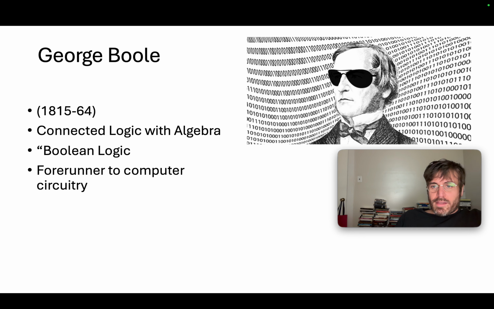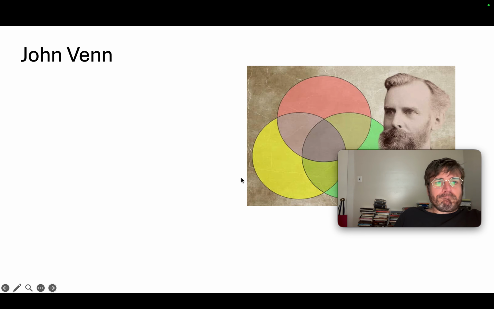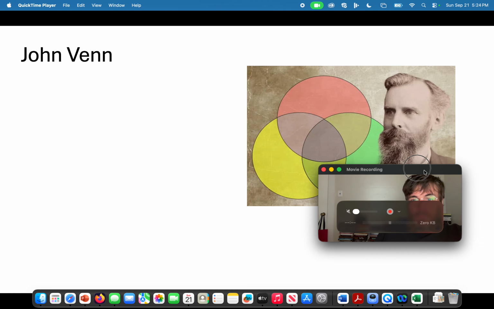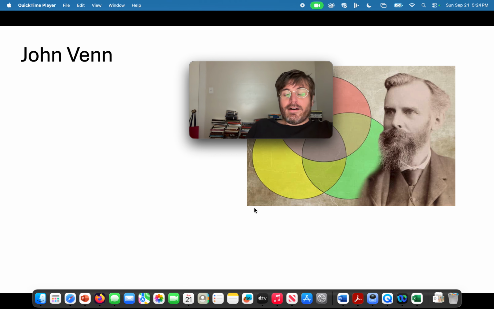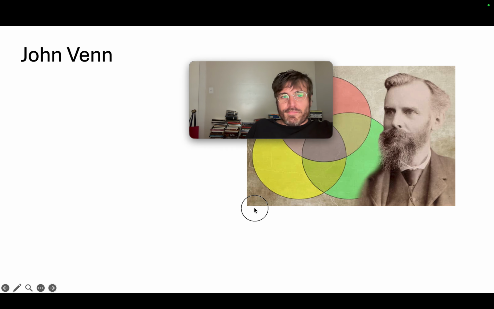So if you think logic is just a completely abstract, speculative endeavor, you are mistaken. There is a direct pipeline from figures like Boole and Alan Turing to modern computing. It would really be inconceivable to imagine modern digital computing without the innovations of figures like Boole. We then have a figure named John Venn, who is responsible for our famous Venn diagram.